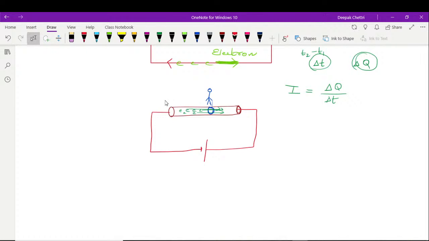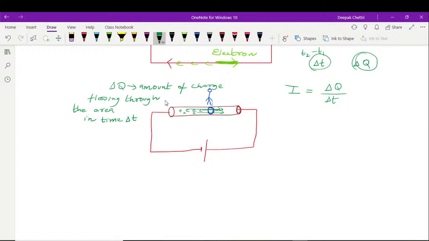This part is clear? Yes or no? Delta q is the amount of charge flowing through the area in time delta t.